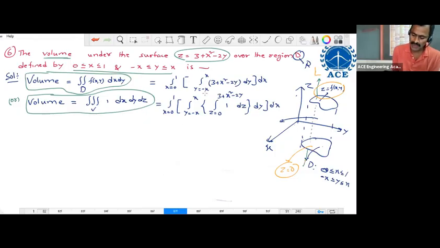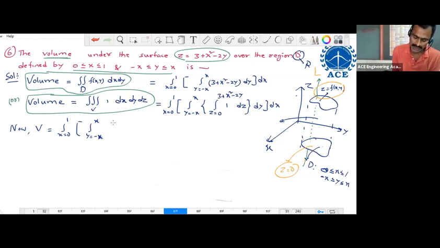Okay, let us do this problem, triple integral only. Now V equal to integral x equal to 0 to 1, inside integral y equal to minus x square plus x, integral of 1 with respect to z.